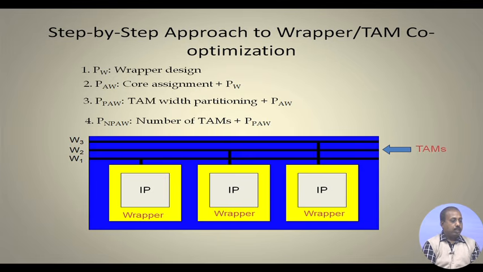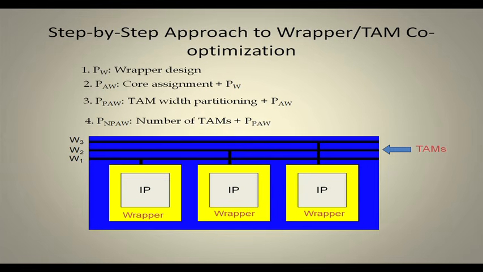There are a number of problems that have been formulated for this wrapper TAM co-optimization problem. The wrapper design and the TAM design are 2 problems which are dependent on each other.